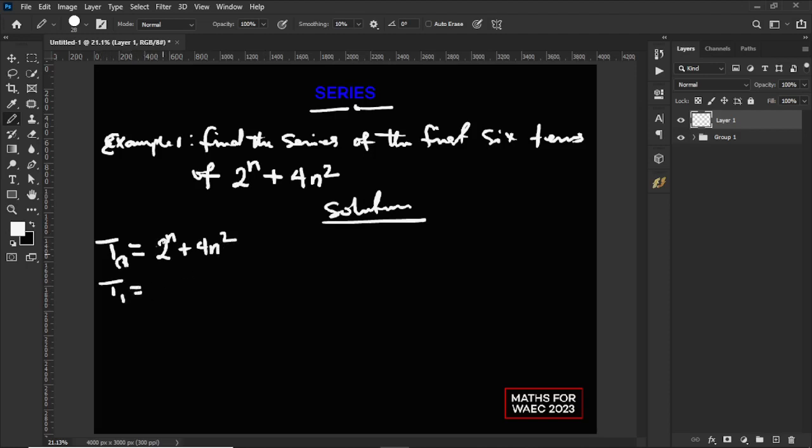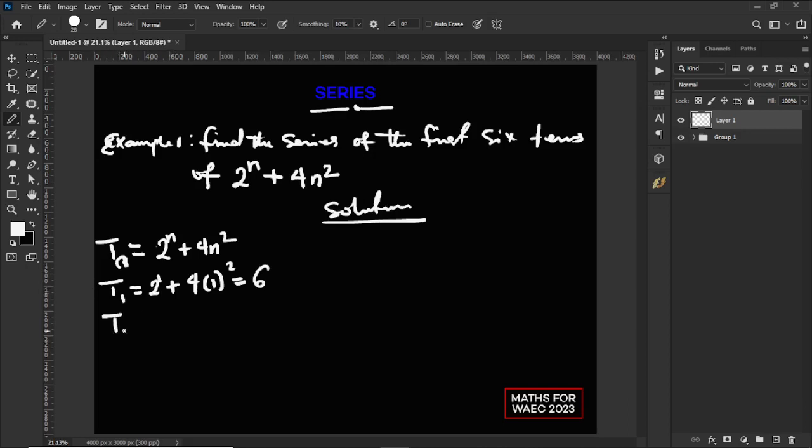So T1 is going to be 2 raised to power 1 plus 4 into 1 squared. So this is going to be what? 2. 1 raised to power 2 is 1. So we have 4 times 1, which is 4. Plus 2, that's 6. So the first term is 6.